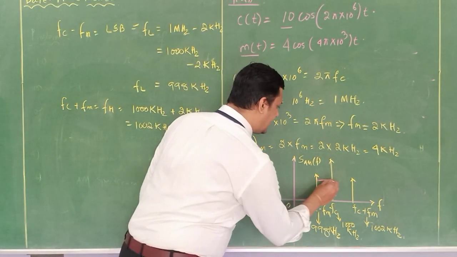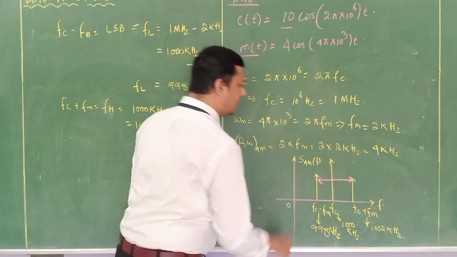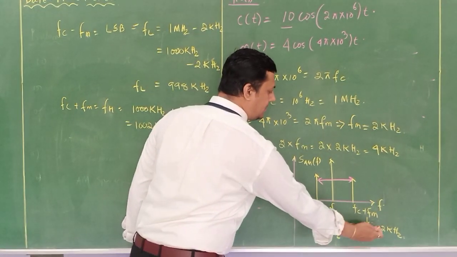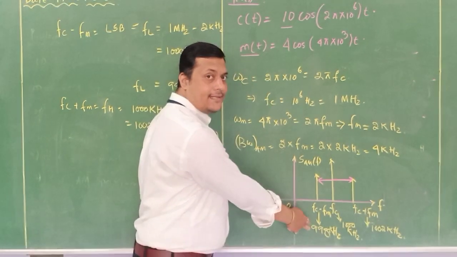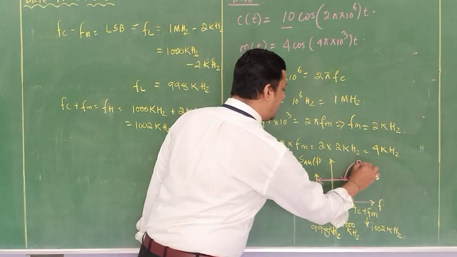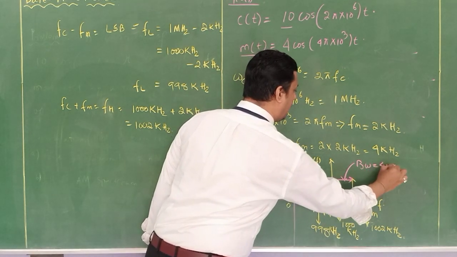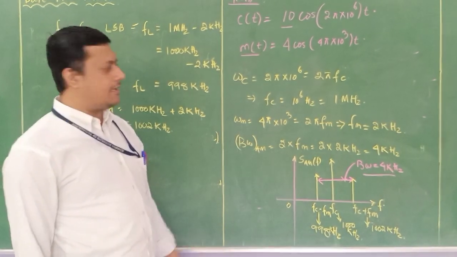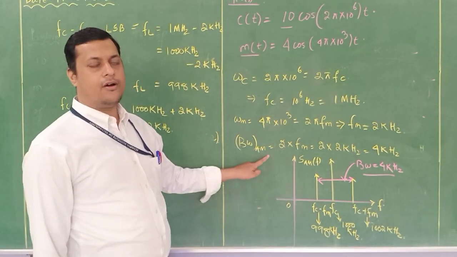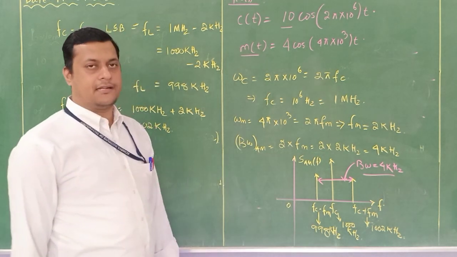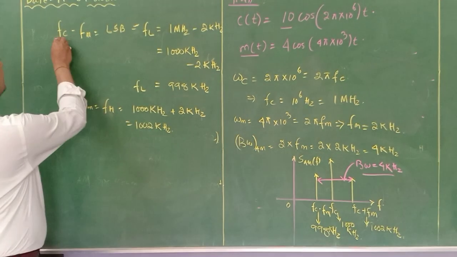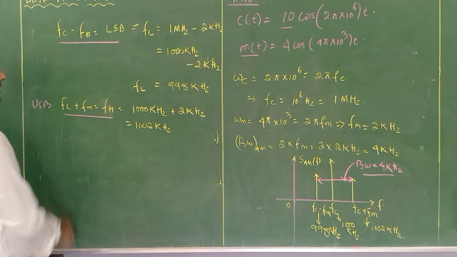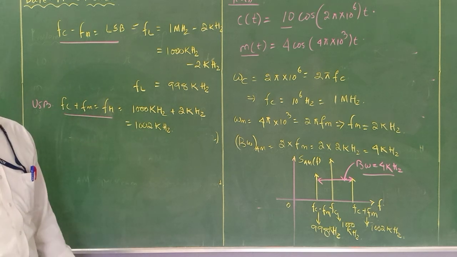The bandwidth is from the lower frequency component to the upper frequency component. If you subtract 1002 minus 998, you will get bandwidth equal to 4 kHz. Either you can calculate with the formula, or you can verify with this spectrum analysis. So this is my lower sideband, this is my upper sideband. We have identified and represented them.